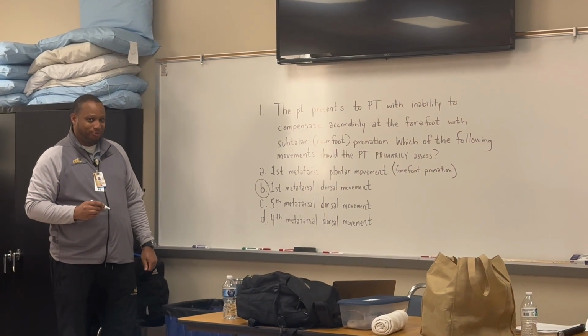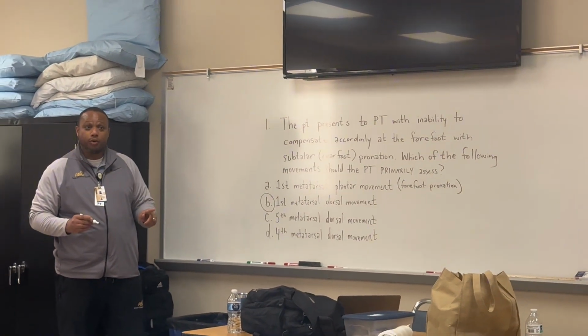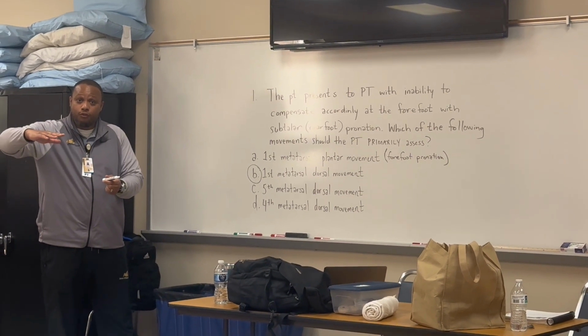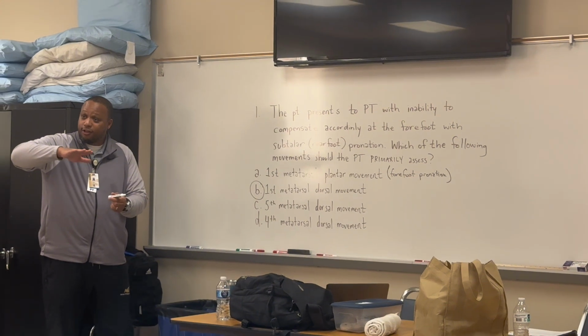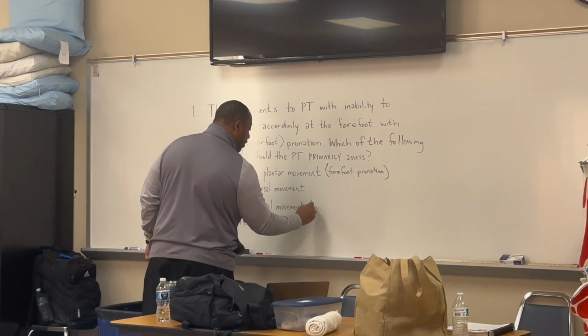What's that gonna occur with? It's likely gonna occur with forefoot pronation, because the 4th and 5th are gonna move dorsally, while the 1st and 2nd are gonna move in a plantar direction. Does everybody see that? Can you visualize that?